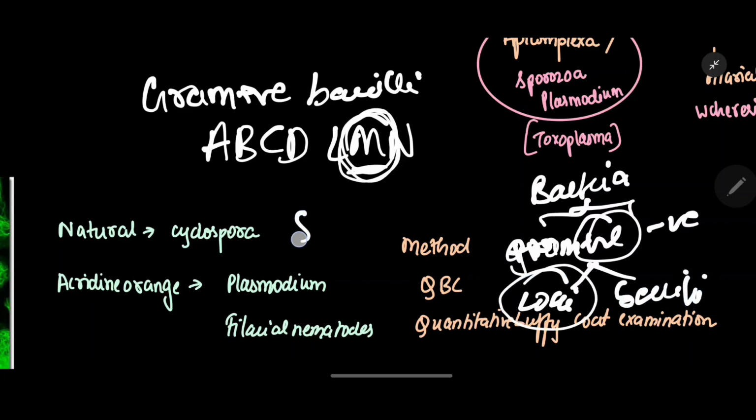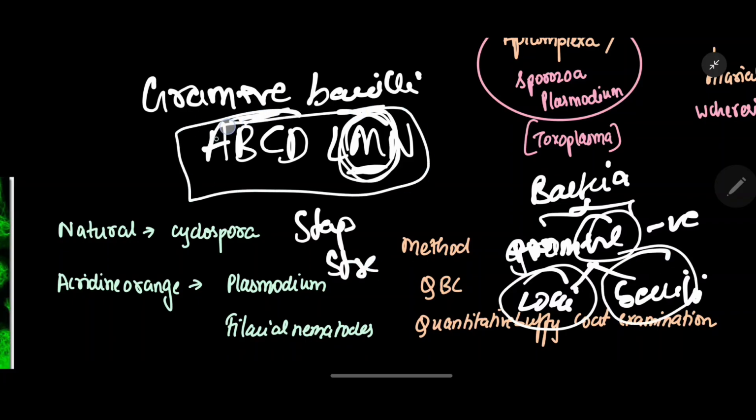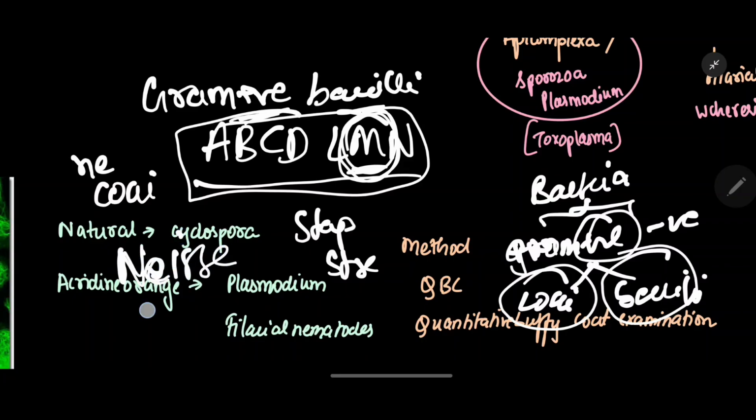Cocci have cocci in their name, like staphylococci and streptococci, and your gram positive bacilli have a mnemonic, which is ABCDLMN, and your gram negative cocci start with NE for negative, Neisseria gonorrhoeae, Neisseria meningitidis, and all of the rest of the organisms which do not have any mnemonic will go into your gram negative bacilli.